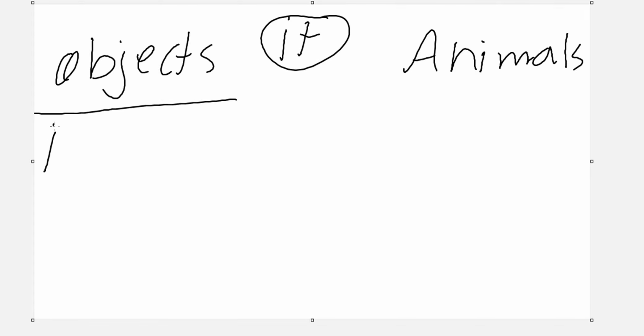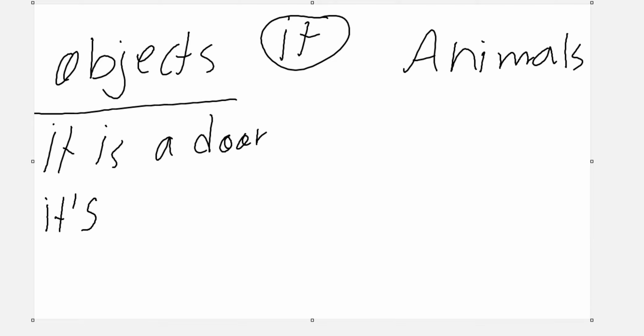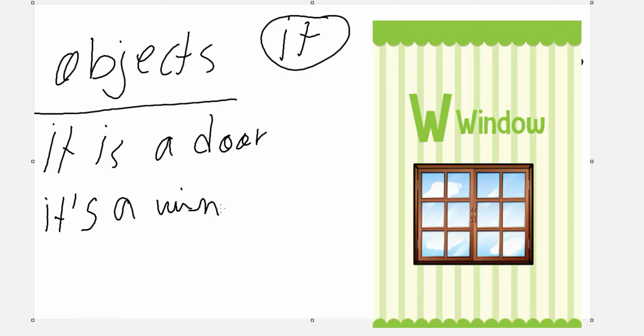door, it is a door, okay? Or we use it's. It is the short form of it is. It is or it's. Both are the same, okay? So it is a door, it's a window, okay?